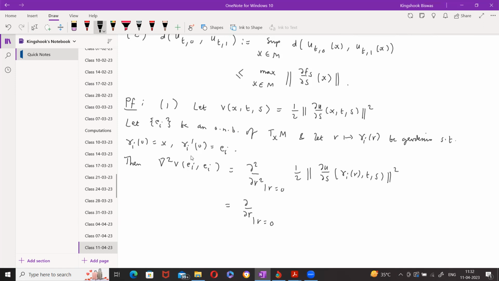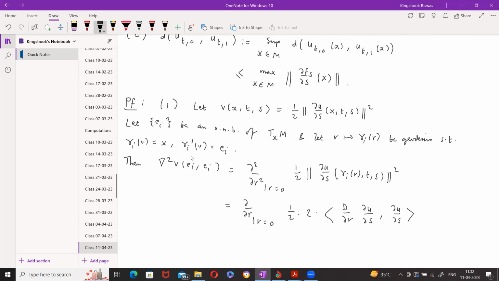The first derivative will be half into 2 into the inner product of D del r del u del s with del u del s, right?